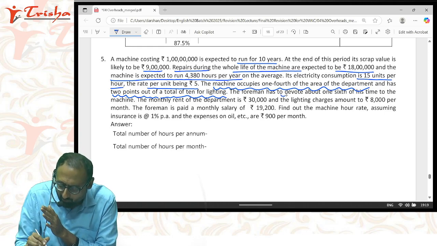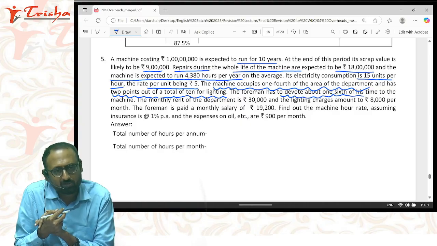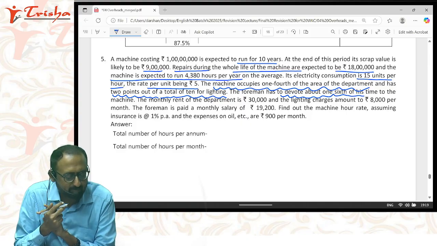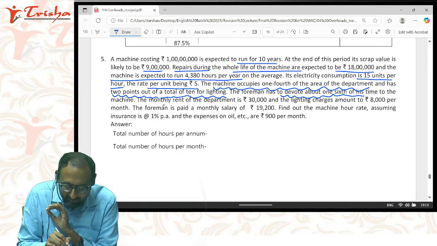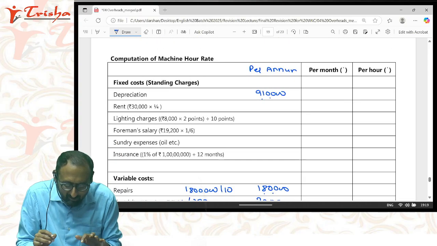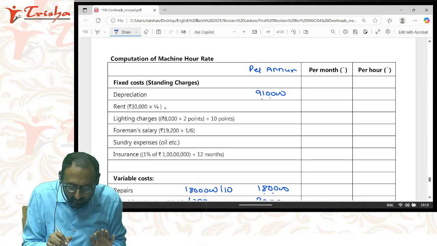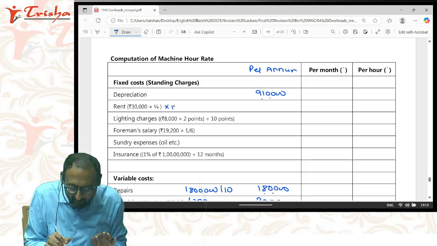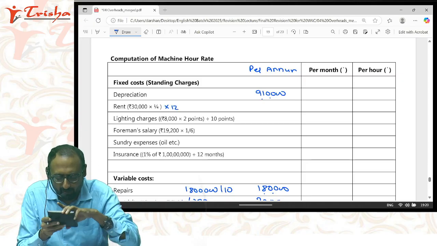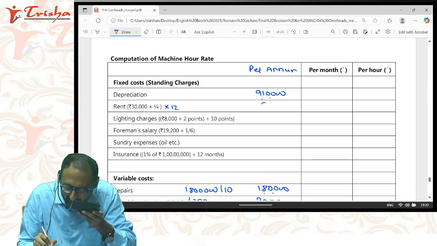The foreman has devoted about 1/6 of the time to this machinery, so whatever the foreman's salary, you'll have to divide by 6. Monthly rent is 30,000. 30,000 multiplied by 12 months multiplied by 1/4 area occupied by this machine. 30,000 into 12 divided by 4. Your answer comes to 90,000, Sirji.